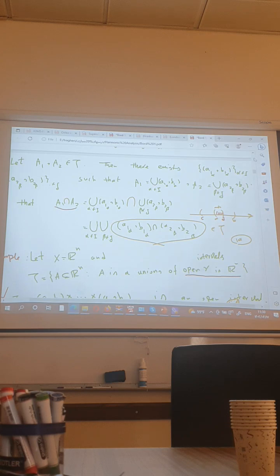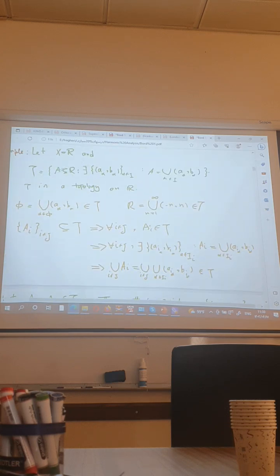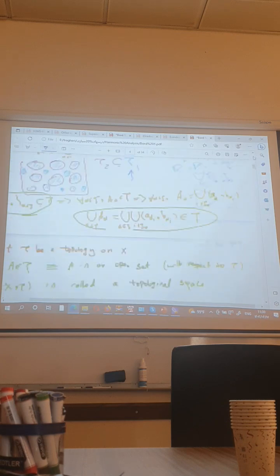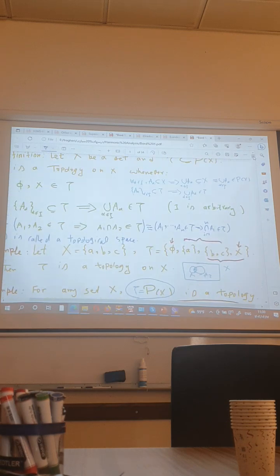So if we define tau to be the set of all subsets in R such that A can be written as a union of intervals, this is a topology. These have these three properties, okay?